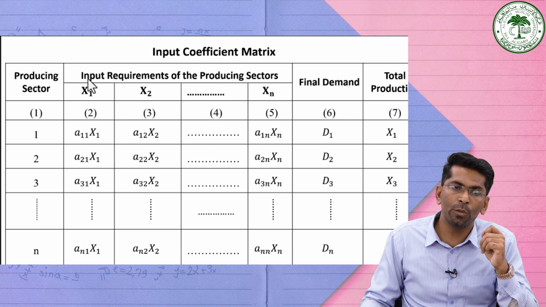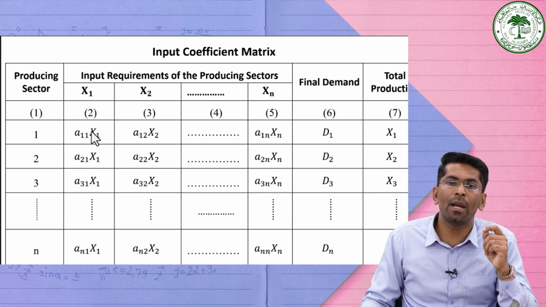That is, in order to produce the x1 output, they use proportional inputs: a11 unit of x1, a21 unit of x1, a31 unit of x1. So accordingly, this is the proportion, a11 x1, a21 x1, a31 x1, the units of the inputs.